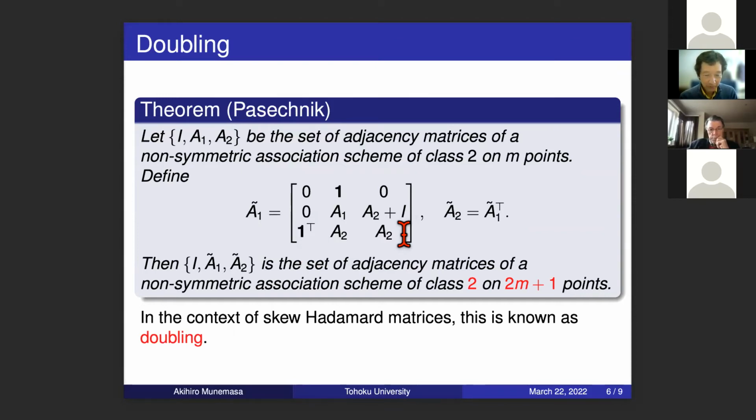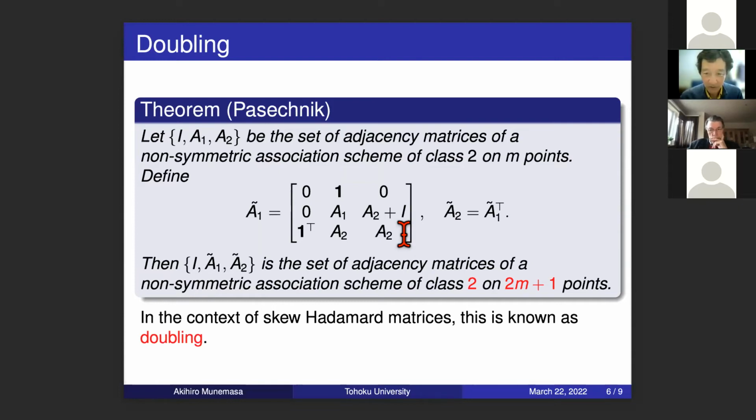So that's the definition for A1 tilde, and A2 tilde is just the transpose of A1. It turns out that the identity plus A1 tilde plus A2 tilde is the all-ones matrix, and this set of 3 matrices forms the set of adjacency matrices of a non-symmetric association scheme of class 2.